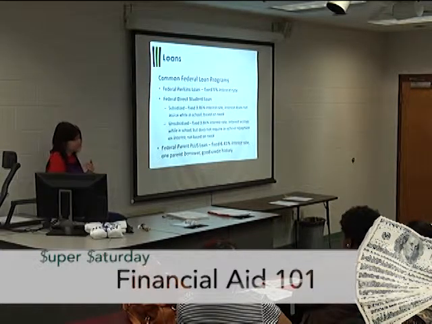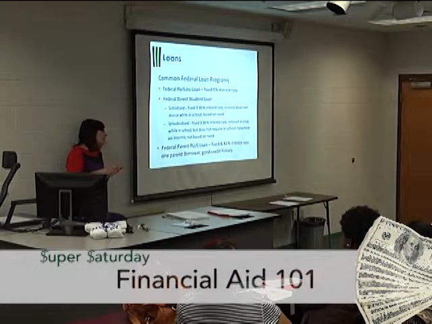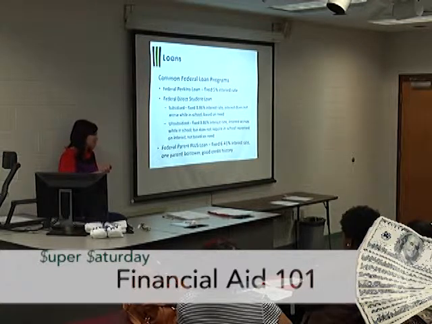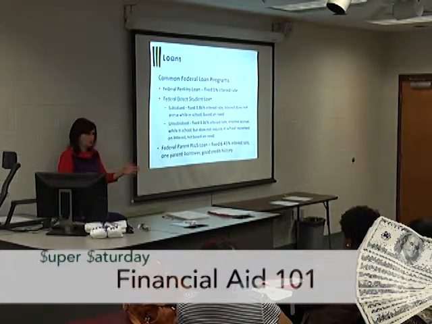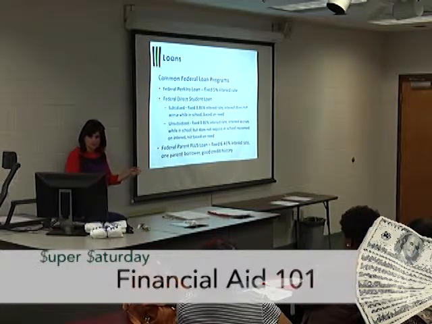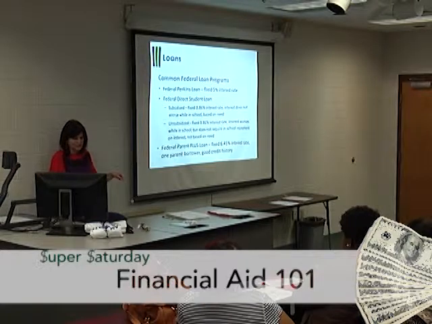Unsubsidized loans are also made to students and to parents. For students, you do not have to start paying back on those unsubsidized loans until you finish school. They start accruing interest, but you don't have to start paying back until you're finished.